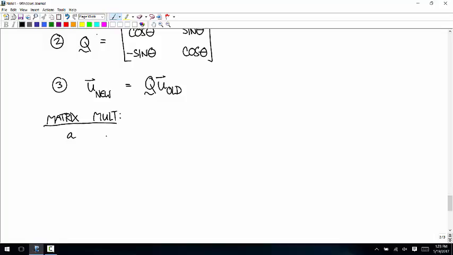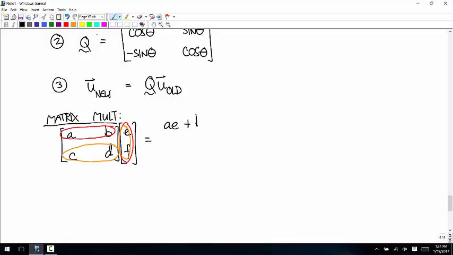If you have a matrix A, B, C, D, and you're multiplying it by a vector E, F, the result is a vector, you're taking dot product, so it's A times E plus B times F, and then it's C times E plus D times F. The top component is AE plus BF. The bottom is CE plus DF.